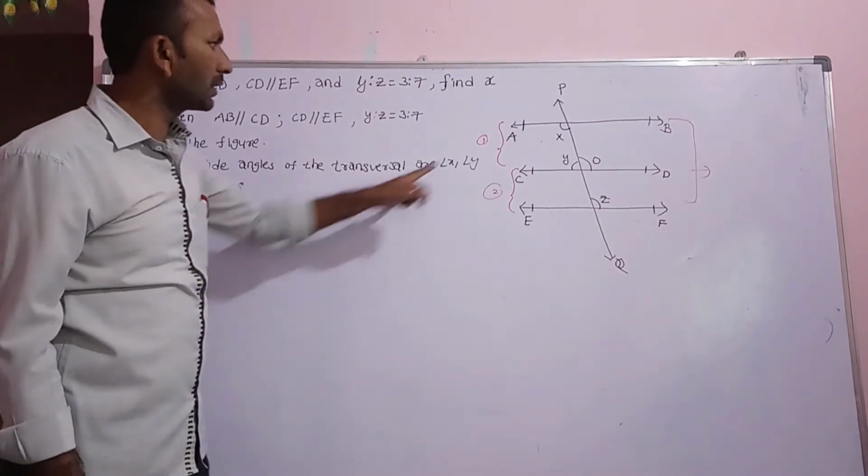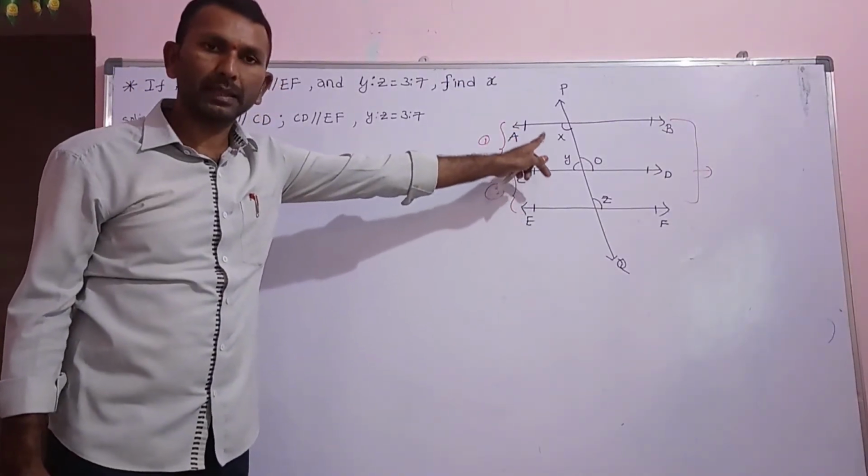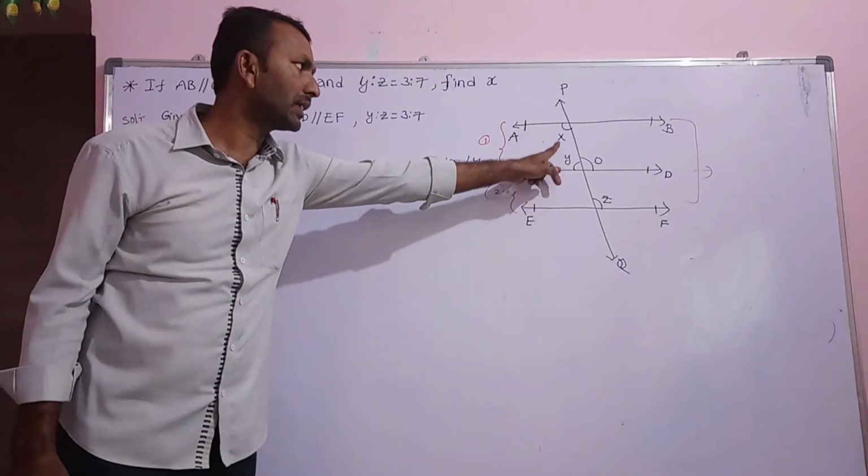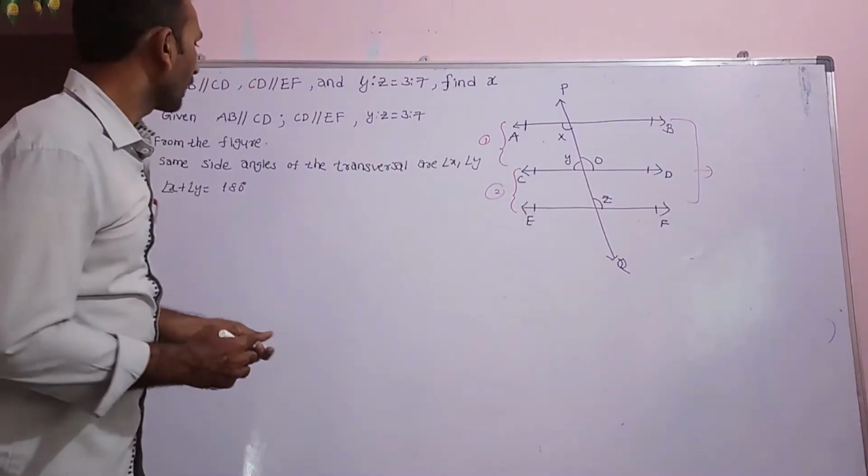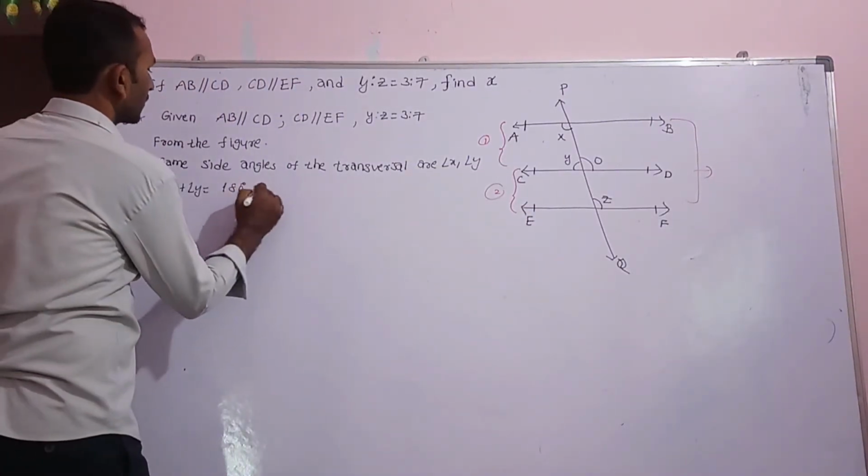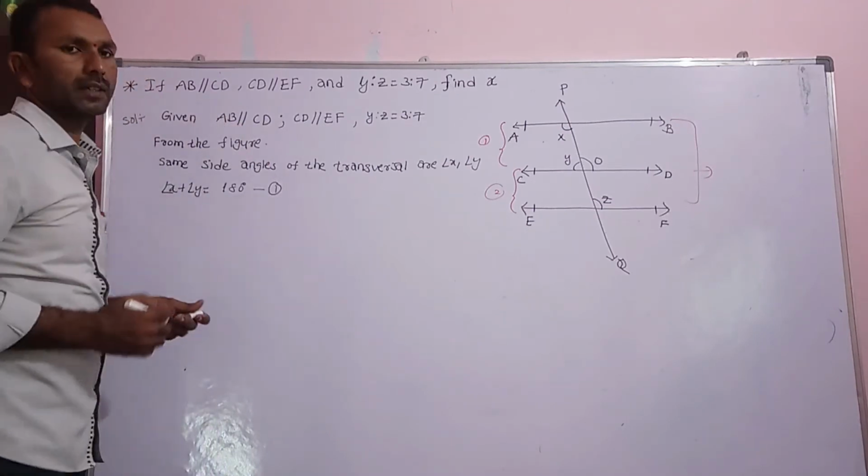We have already learned that the sum of same side angles of a transversal is 180 degrees. Think of this as equation 1.